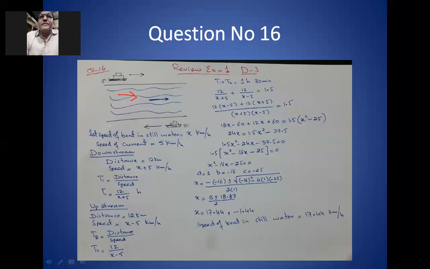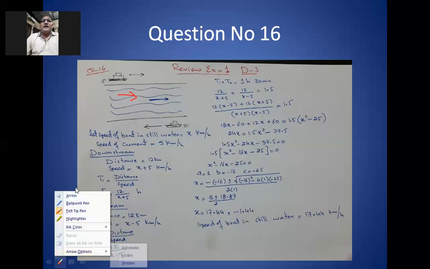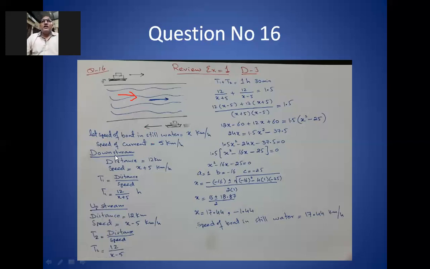So here we have written, let the speed of the boat in still water be x kilometers per hour. If the water is still, with no current, then the speed of the boat is x kilometers per hour. The speed of the current is 5 kilometers per hour.